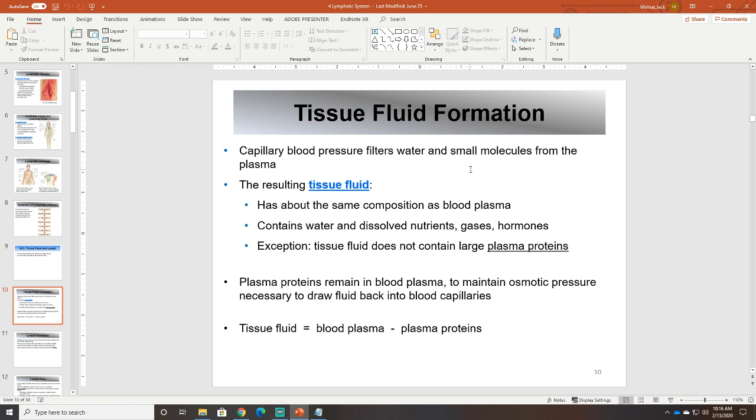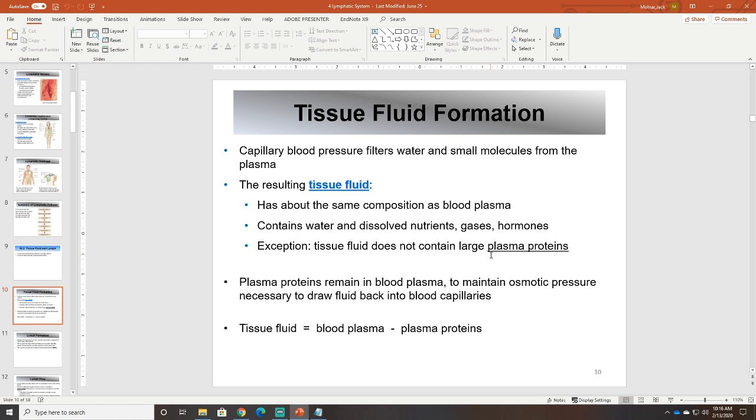So the only difference between tissue fluid or interstitial fluid, it's the same thing, and the blood plasma is that you're not going to see large plasma proteins. Large plasma proteins, such as the albumins and the globulins, are not going to make their way into the tissues.